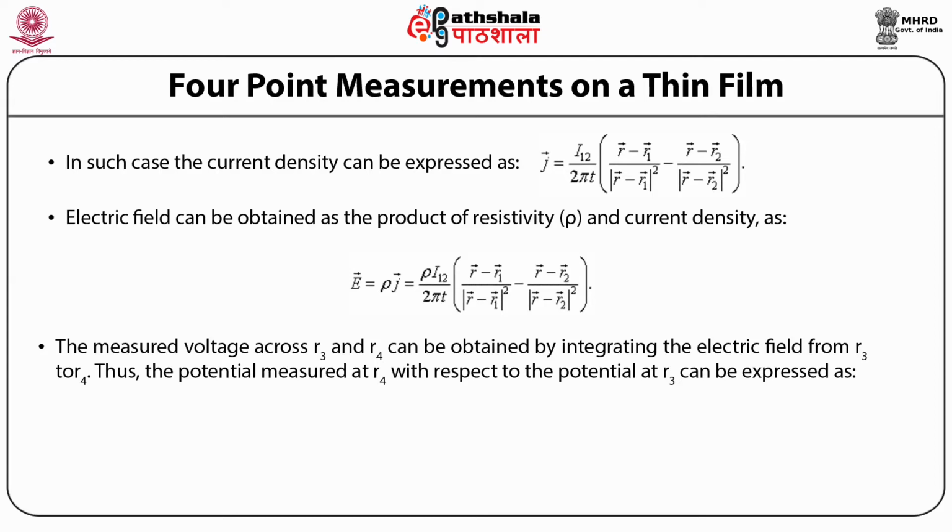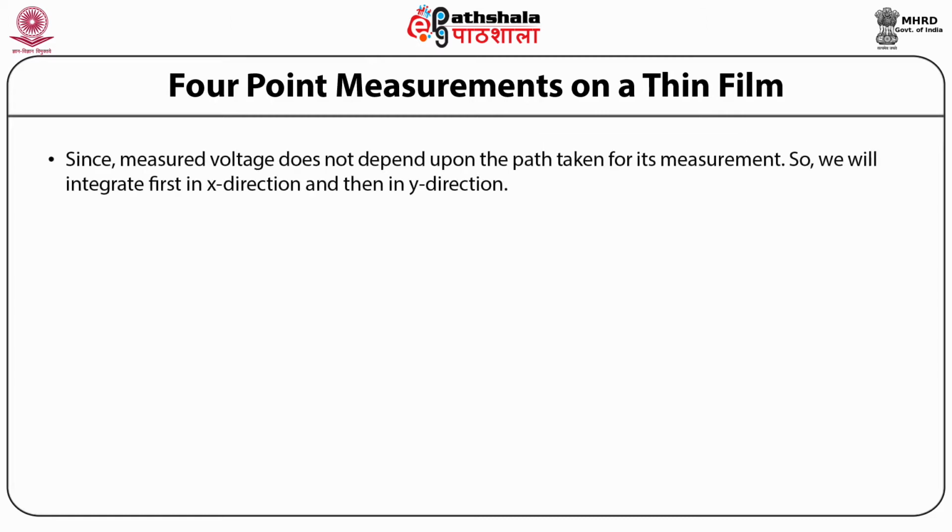Thus, the potential measured at R4 with respect to the potential at R3 can be expressed as V43 = −ρI / 2πt into the integral going from R3 to R4 of (vector r minus vector r1) divided by the square of modulus of (vector r minus r1), minus (vector r minus r2) divided by the square of modulus of (vector r minus r2), into dr.